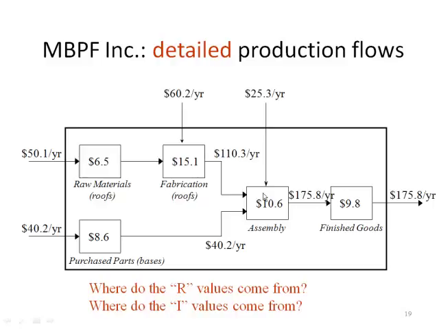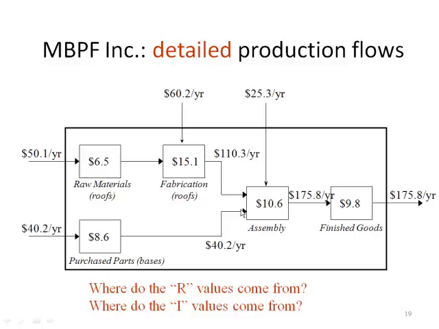Well, it's saying on average we have $10.6 million of goods in inventory, work in process in the assembly area, and a flow rate of 175.8 per year for that area. So again, we can figure out what the flow time is for this particular work area. All I'm trying to point out is we're starting to do a more detailed analysis of each sub-process. We can treat each of those sub-processes as its own individual box with flow rates, inventory levels, and flow times.